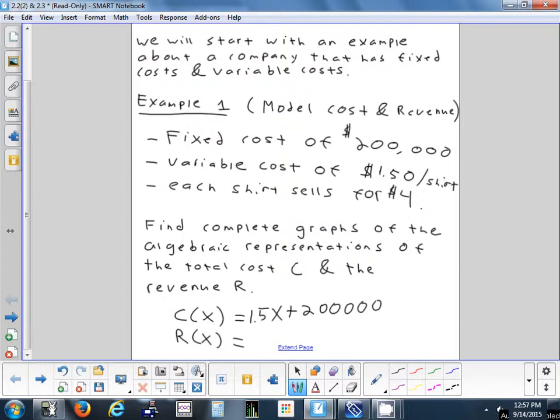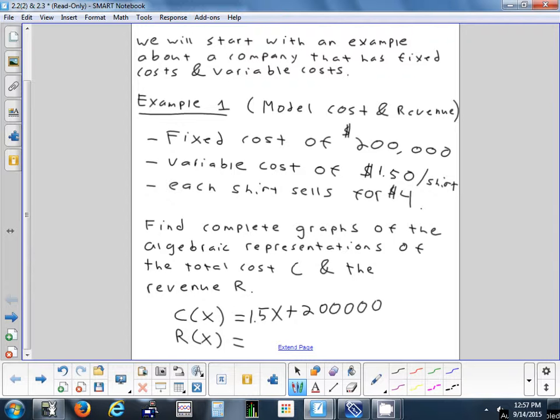Graham, what about our revenue? I don't know. What is revenue? Do you know what revenue means? No. Revenue is the money they take in. So that's like the money they make. 4x. I know what you're thinking. You're thinking the profit after you subtract out the costs.